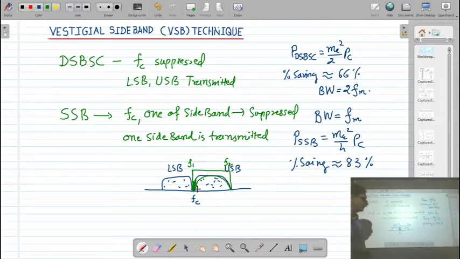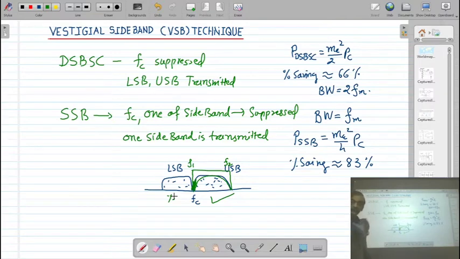And therefore we have to go for another technique where one segment frequency, this upper segment frequency, is completely transmitted, and some portion of this lower segment frequency will also be transmitted at the same time.